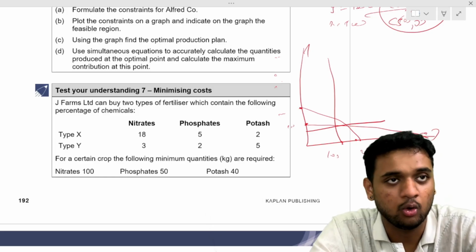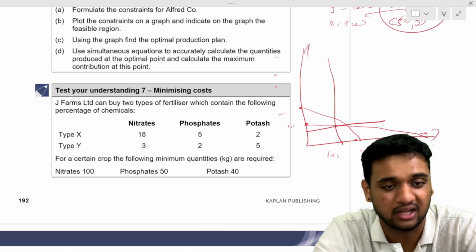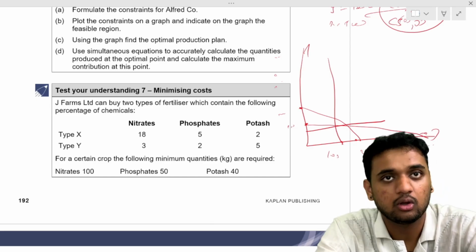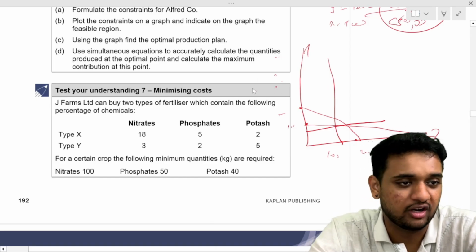Got it? Super. Now to see the graph, to have a rough idea of the graph, go to your answers, go to test and understanding, question number 6 answer.